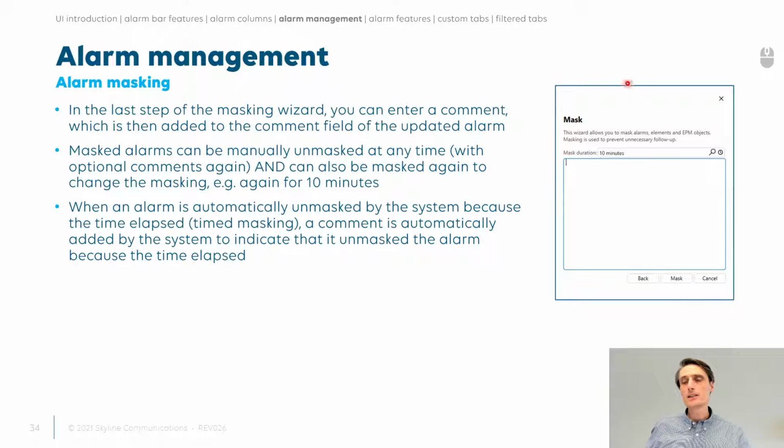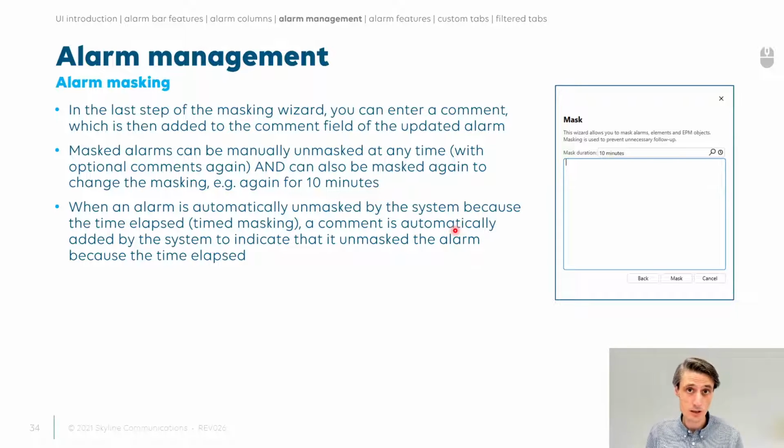Now, the final step will then be the comments that I can add again, but also if you went for a timed masking, like half an hour or 10 minutes, you will need to specify, of course, the timing. Note that if I mask it for 10 minutes and after 5 minutes, the guys call me and say, this is gonna take at least half an hour, I can mask the element or the alarm once more.